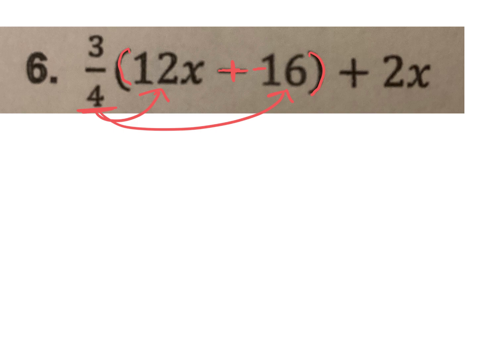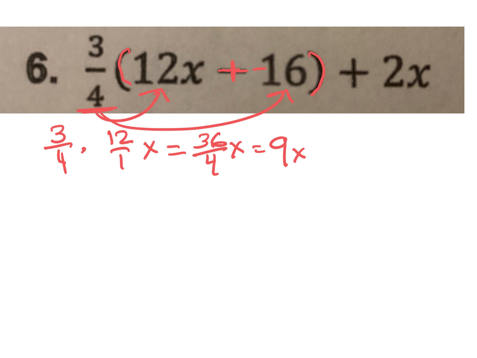Have it go from a positive 16 to a negative 16. Now I have 3/4 times 12. I'm going to put 12 over 1 x, and that's going to get me 36 over 4 x. And 36 over 4 is the same as 9x.